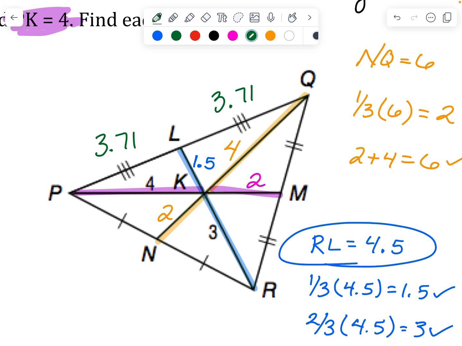Maybe this is 1.2. This would be 1.2. And maybe this is 4.6, and this could be 4.6. But what's important there is that the sides are being bisected by these midpoints as well. So something else to think about as we go through these problems.